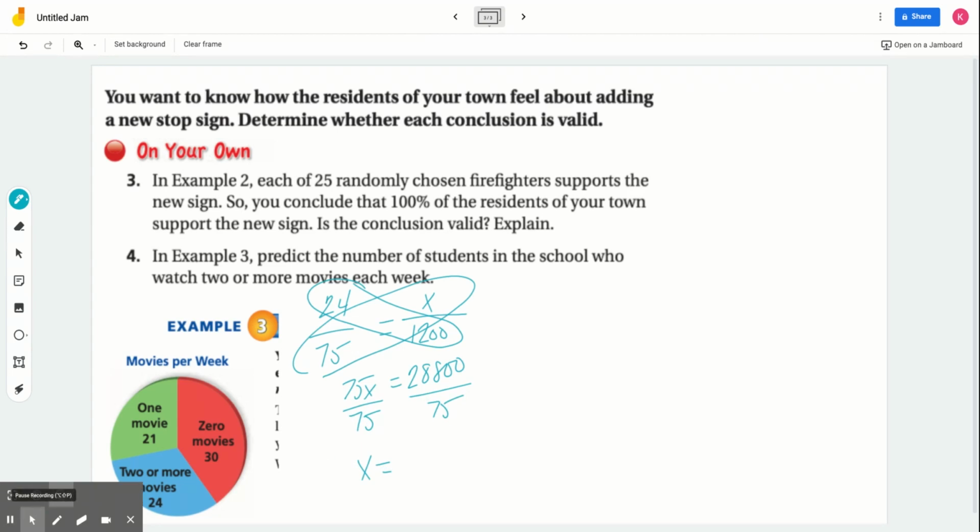When we divide 28,800 by 75, we end up with an answer of 384. So what this tells us is that approximately 384 students in the school would watch 2 or more movies each week. So see that using this proportion, we can make a prediction about the actual outcome.